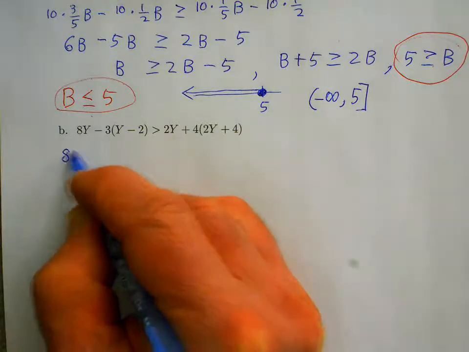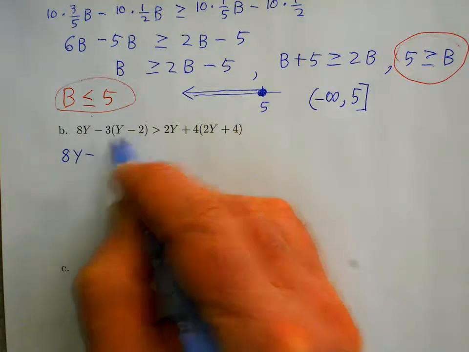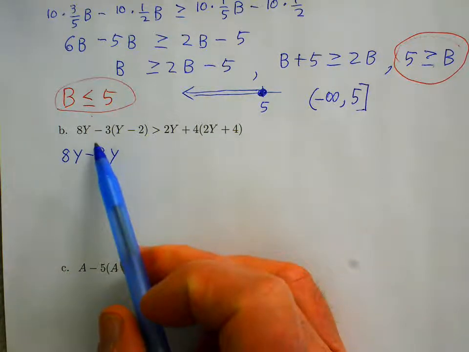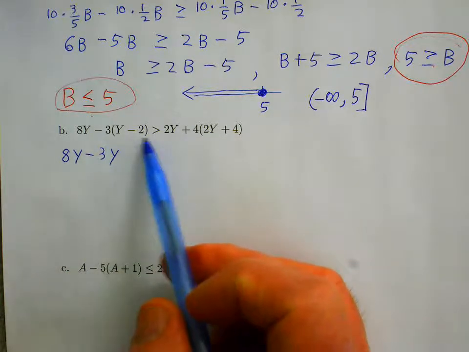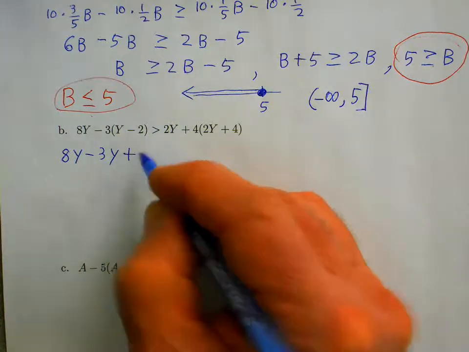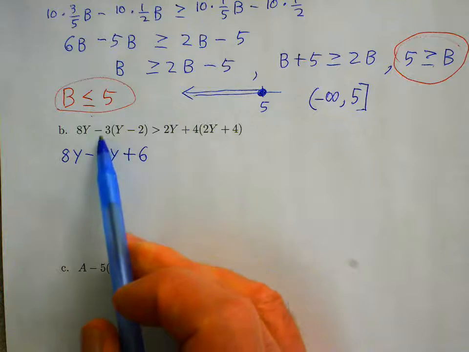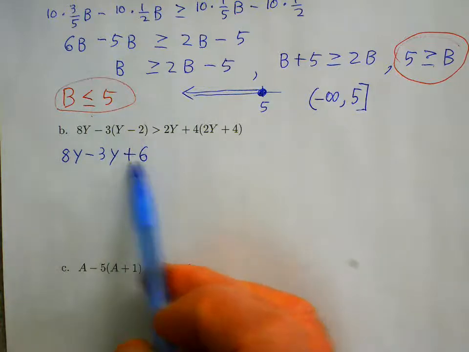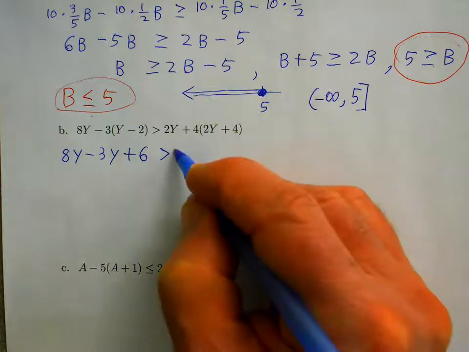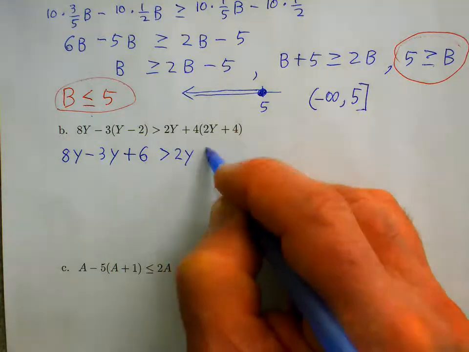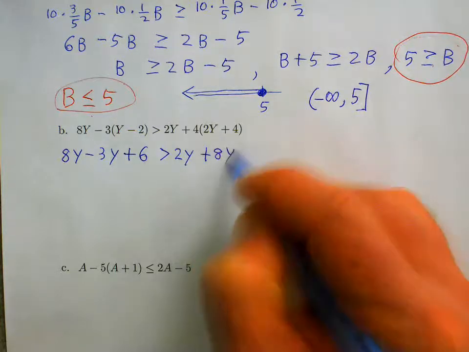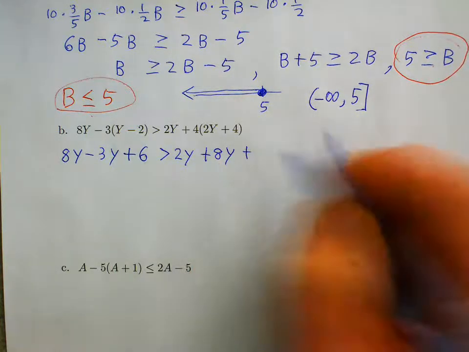So we get 8y, and then minus 3 times y is minus 3y. And then minus 3 times negative 2, which amounts to adding 6. You can remember that negative 3 times negative 2 is positive 6. And then on the right-hand side, greater than 2y plus 4 times 2y is 8y, and then plus 4 times 4 is plus 16.